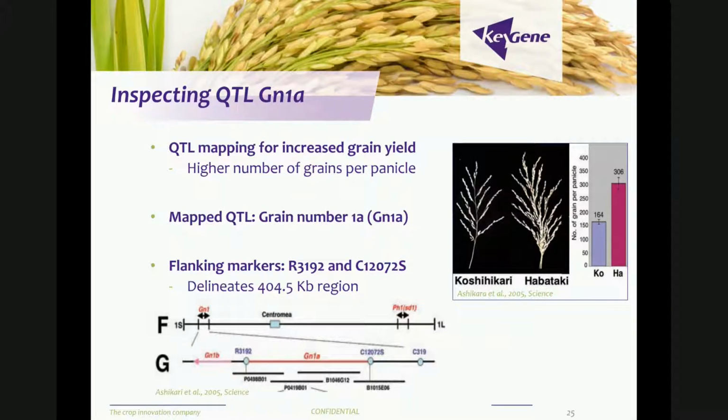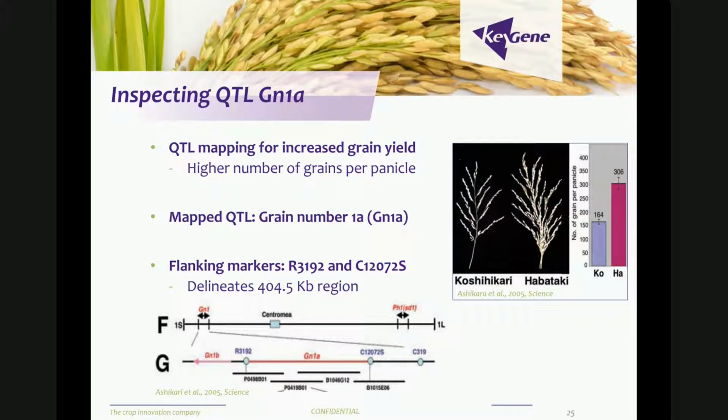In this case, the markers were known based on literature. But of course, when markers are not known, then you need to involve a major step to get closer to your potential QTL for the trait that you're looking at.